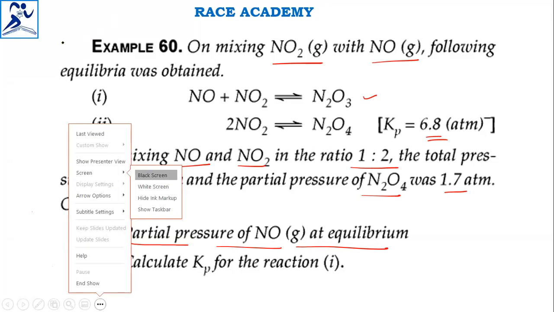Let us see the first equation, that is NO plus NO2 gas in equilibrium with N2O3. In this, pressure in the beginning is P for NO, and for NO2 it is 2P, and N2O3 is 0. Because the ratio of NO and NO2 given in the question is 1:2, that's why we have taken 2P.